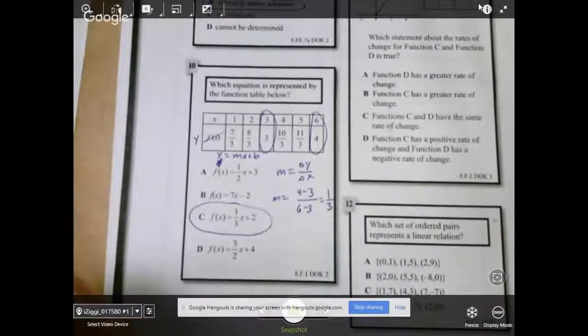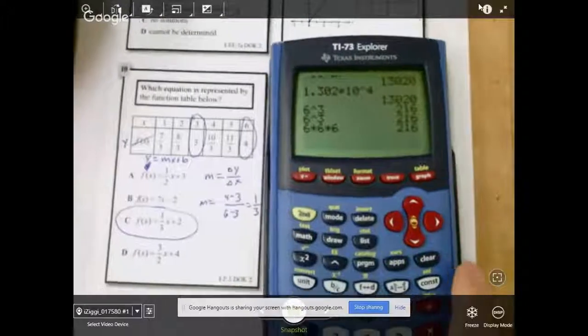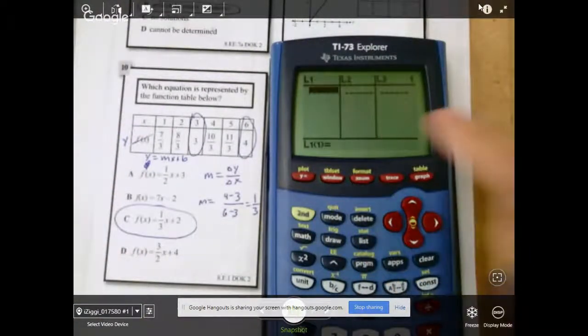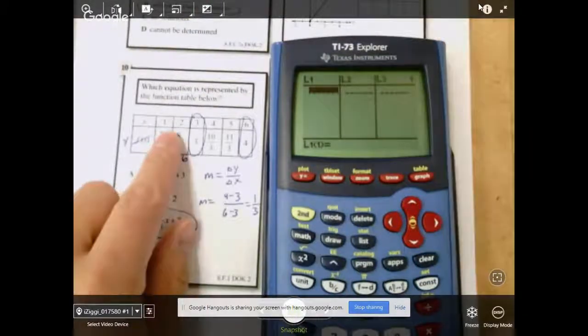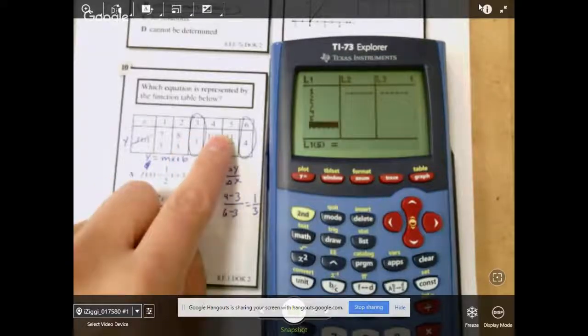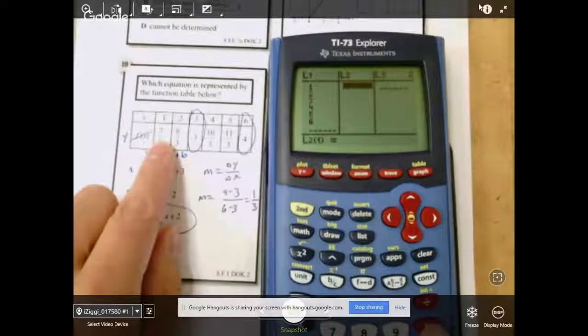Anytime you have a table, you can go to list. Put x in your L1: 3, 4, 5, 6. In L2, put your y's, 7/3. So that's just 7 divided by 3. This is just 8 divided by 3.